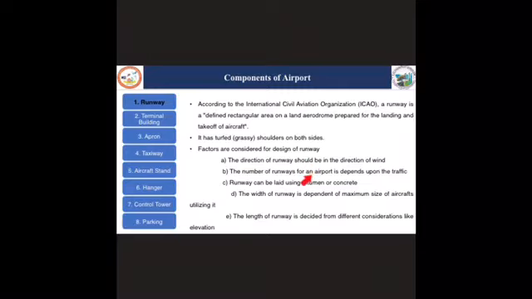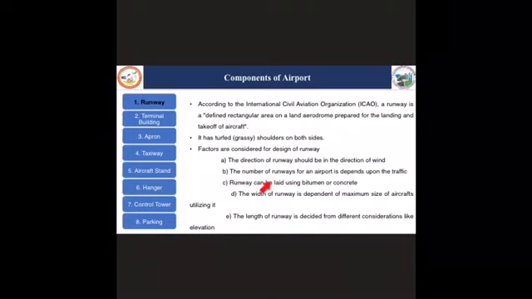So that means when we decide the direction for landing and takeoff operation, we need to consider the wind direction. We will study in detail how the runway has to be oriented under the fifth module. The next is how many runways have to be provided in an airport.